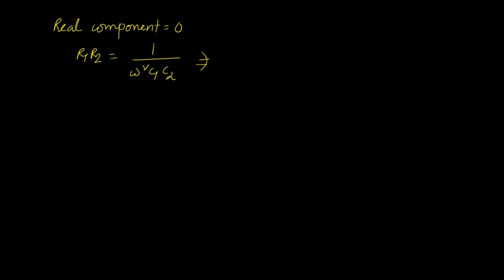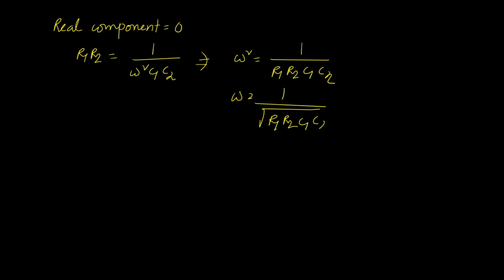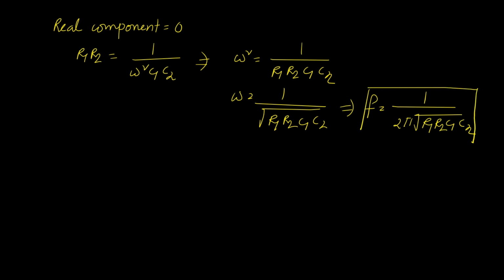That is omega square equals 1 by R1 R2 C1 C2, and omega equals 1 by root over of R1 R2 C1 C2, and from that f is equal to 1 by 2 pi root over of R1 R2 C1 C2. So this is the frequency of oscillation for Wien Bridge Oscillator.